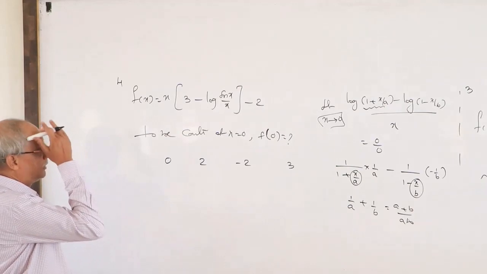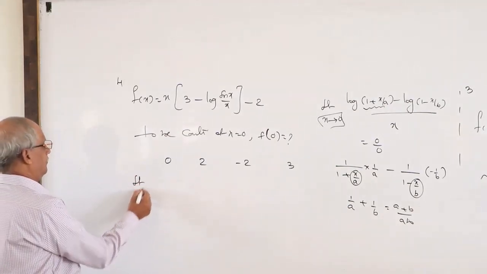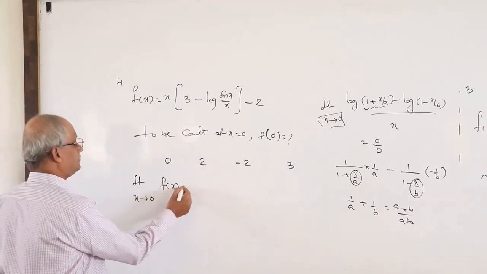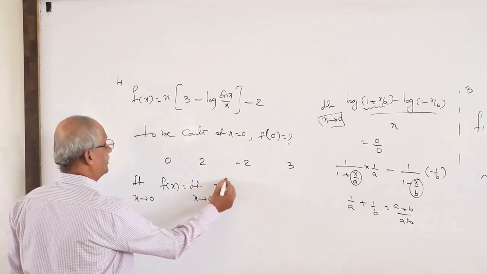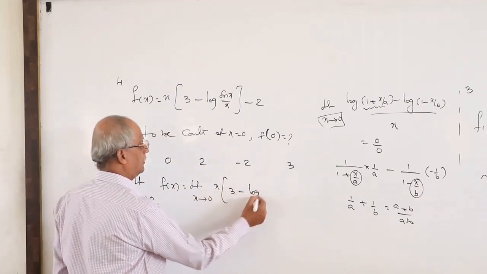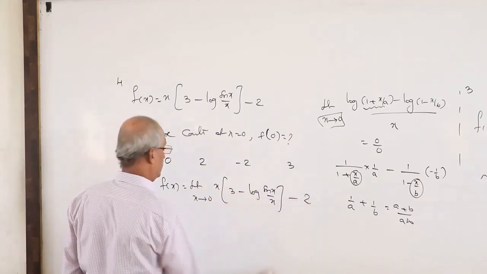Right? We need the limit as x tends to 0 of f of x, which is x into 3 minus log of sin x by x, overall minus 2.